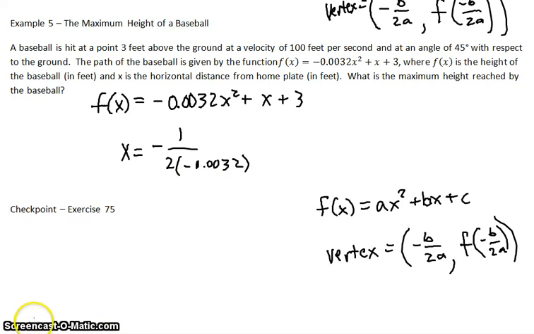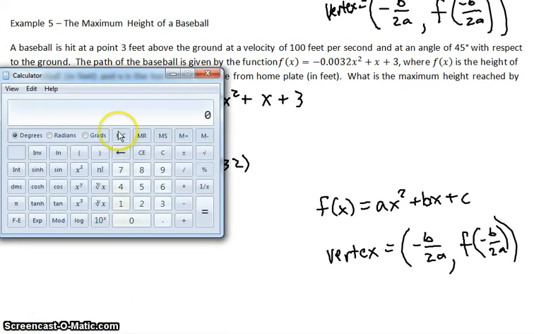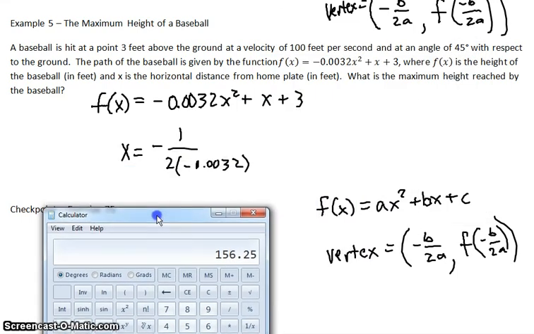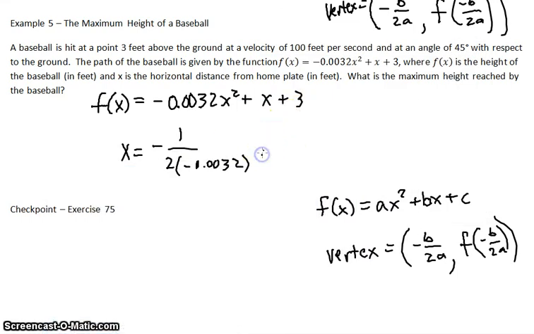So if I type that into my calculator and see what that is equal to, the answer is going to be positive because we have a negative and a negative. So if I take 1 and then divide by this whole thing, 2 times 0.0032, I get this value for x. x equals 156.25.